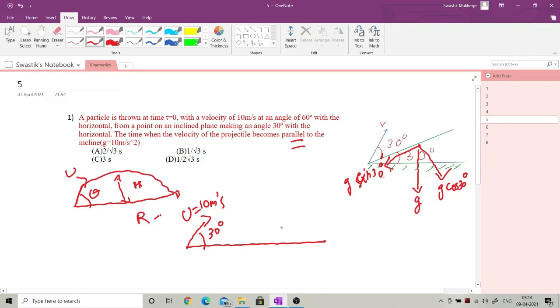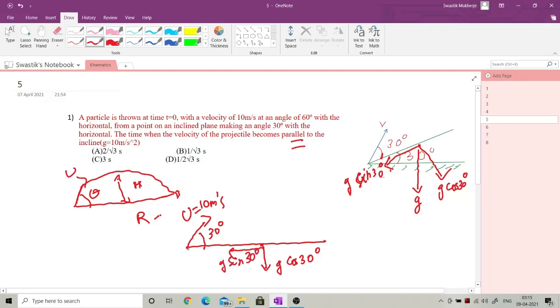Okay, so if we shift our reference, the force in the vertical direction becomes g cos 30 degrees, and there is a new force in the horizontal direction, which is g sine 30 degrees.